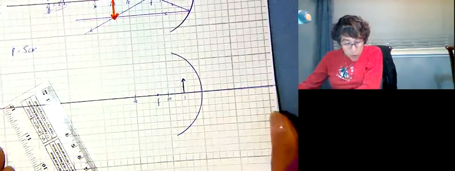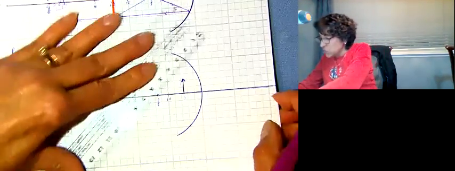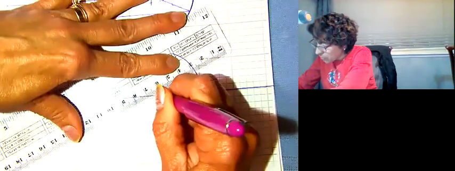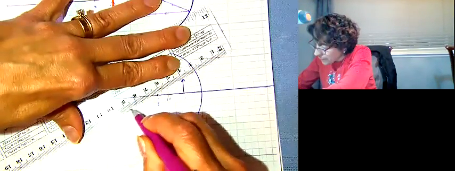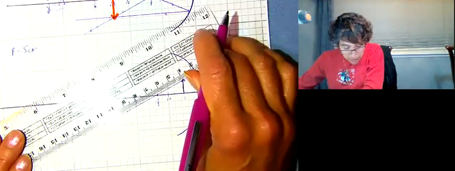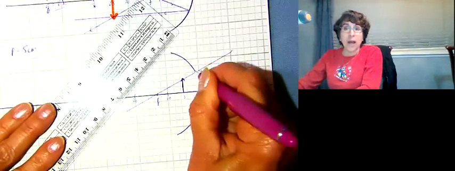All right, so the first ray I'm going to do is from the focal point straight to the top. It's going to be kind of going backwards from what we did before. I'm going to extend it all the way out. And then from this point here, I'm going to take it back.